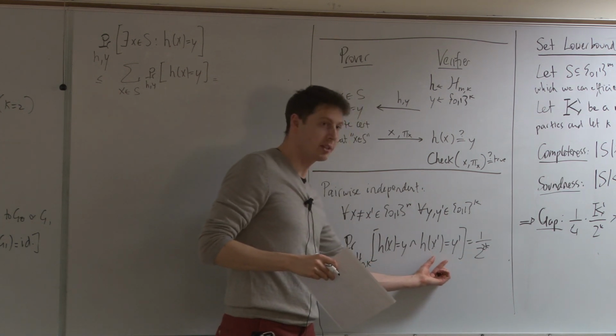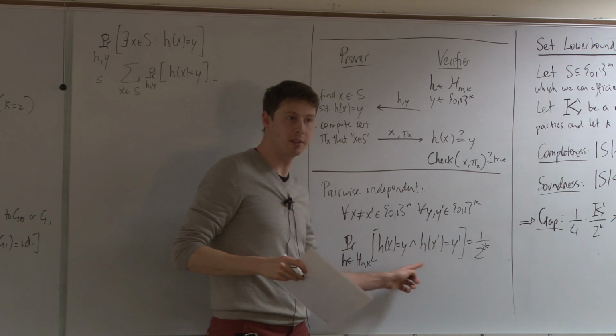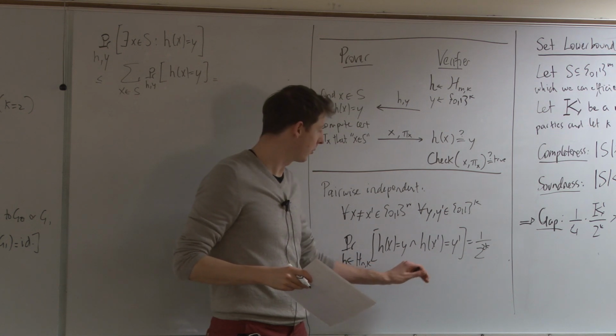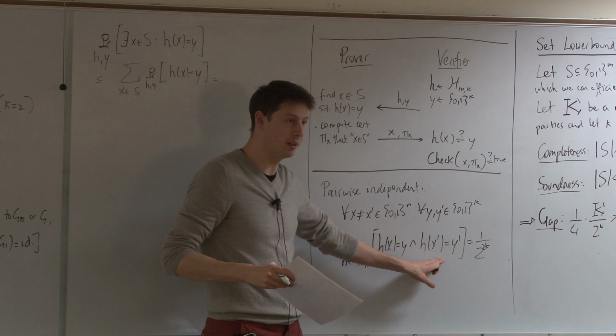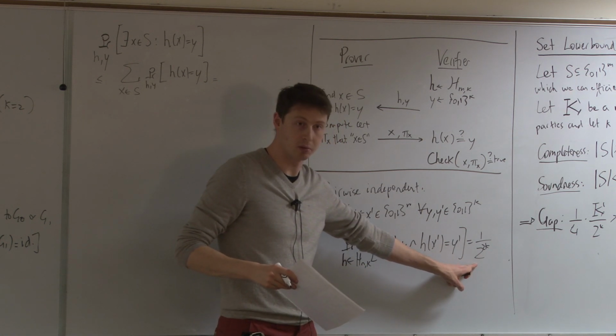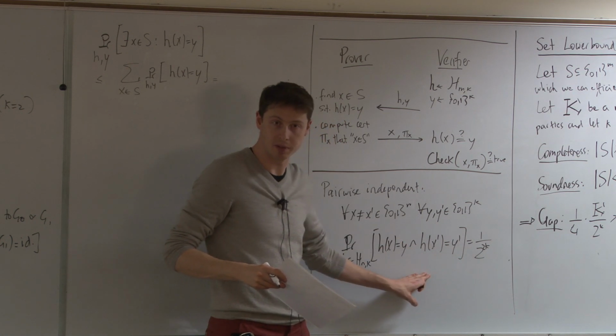Why? Because we're tracing out this event. We know that this is the case, but if we're interested in just one of these two things, we have to sum over all possibilities, and this becomes 1 over 2 to the k. It's a consequence of pairwise independence.